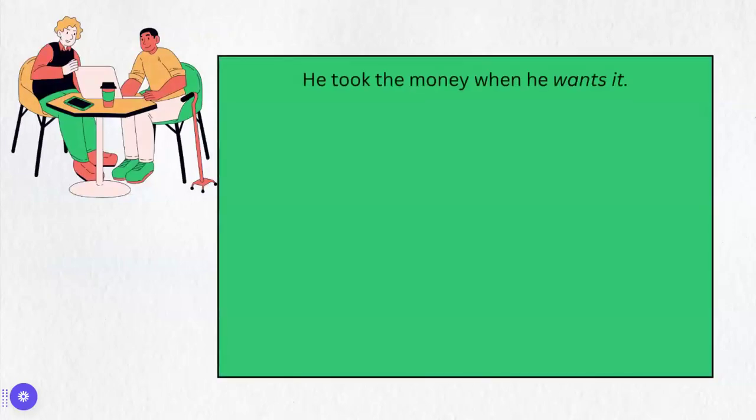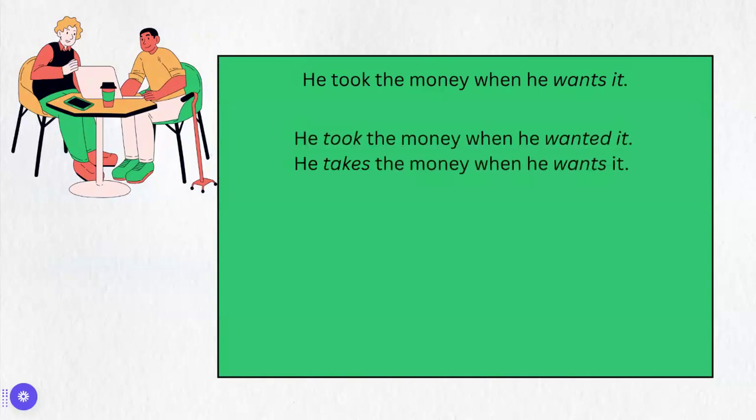Okay. Let's analyze these sentences. Number 1, it says, "He took the money when he wants it." That's a wrong form of the verb, and we're talking about using present and past. We usually try to have parallel structures like this one.